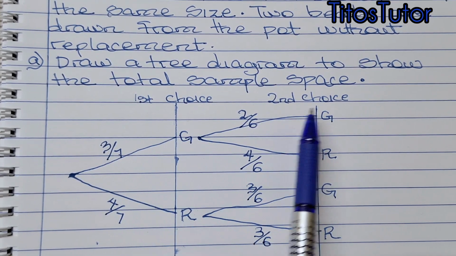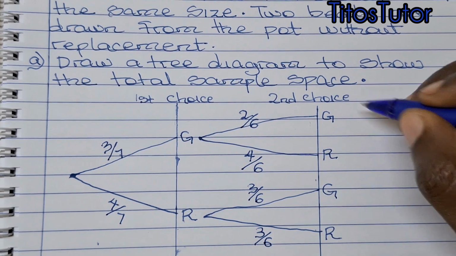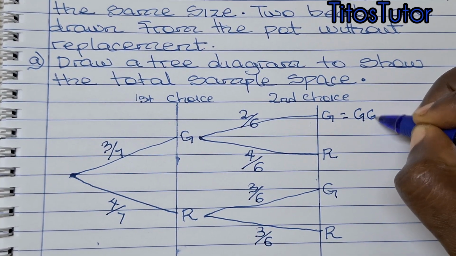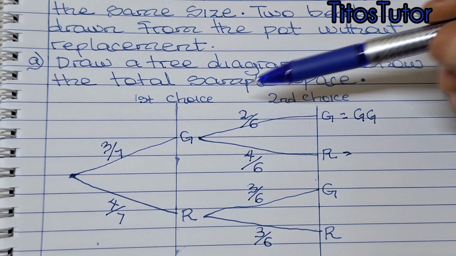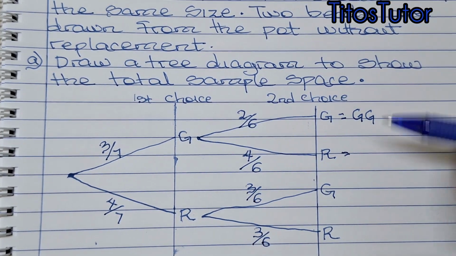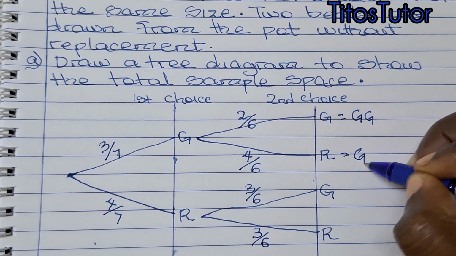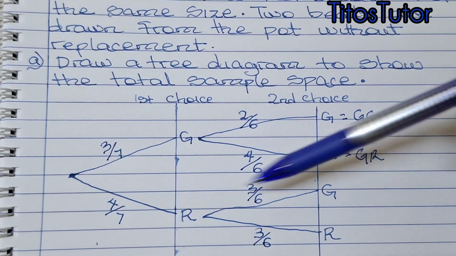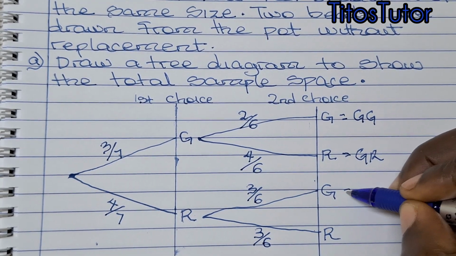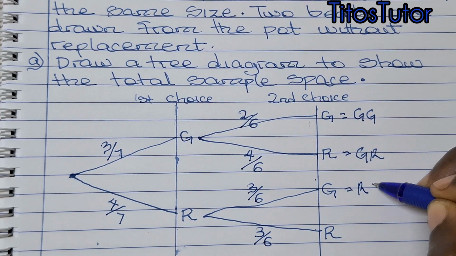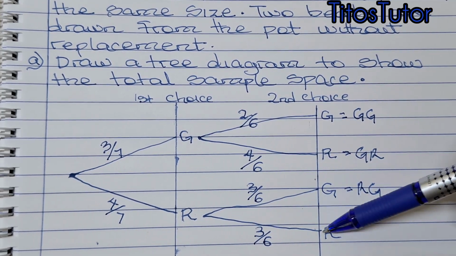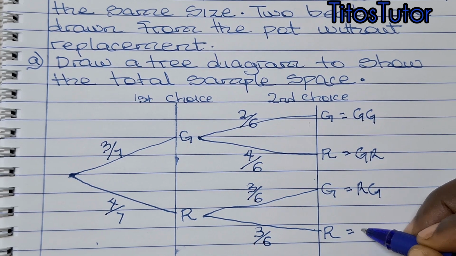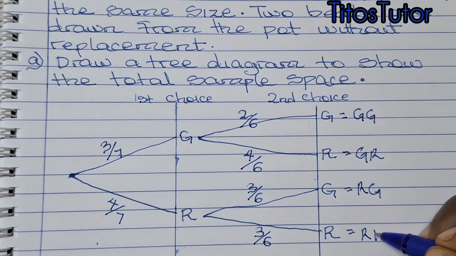I picked green and I picked green again, so the probability here is green green. The probability here was a green and a red, so it is green red. The probability here is a red and a green, so first choice red, second choice green. The probability here is a red and a red, so here is a red and a red.